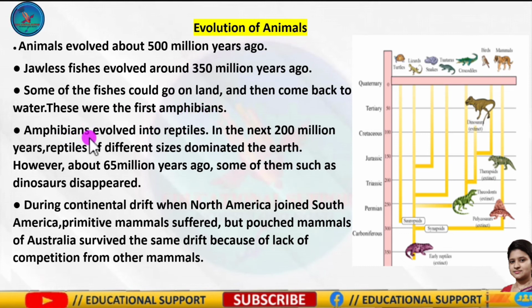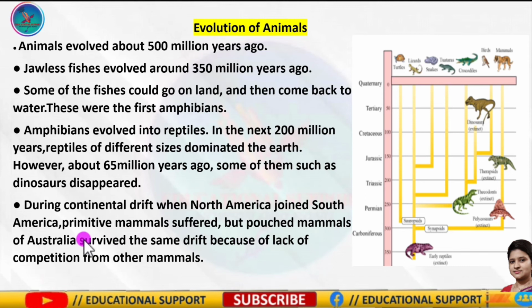Amphibians evolved into reptiles. In the next 200 million years, reptiles of different sizes dominated the earth. However, about 65 million years ago, some of them, such as dinosaurs, disappeared. During continental drift, when North America joined South America, primitive mammals suffered.